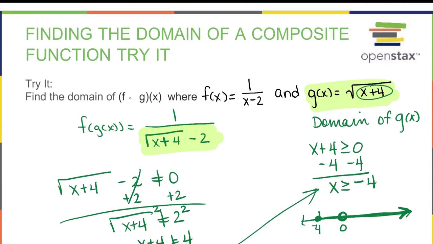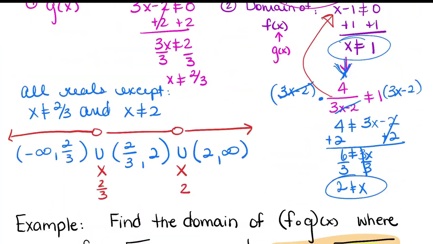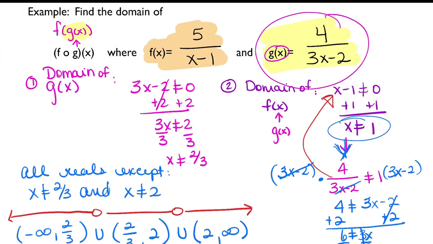Okay, so again, what you want to do is find the domain of g of x, or the interior function, first. In the 3 examples we did, g of x was the interior. So find the domain of the interior first, and then find the domain of the composite function, f of g of x, basically. And then both of those domains have to be true.